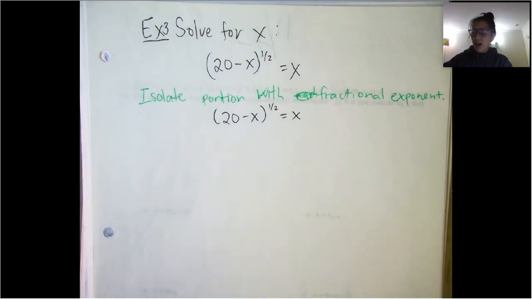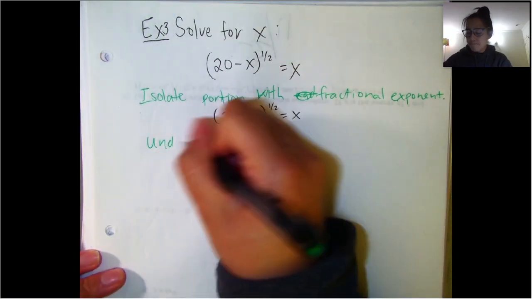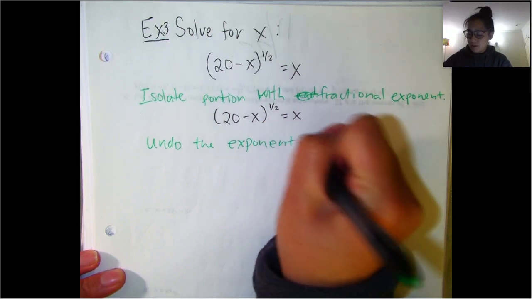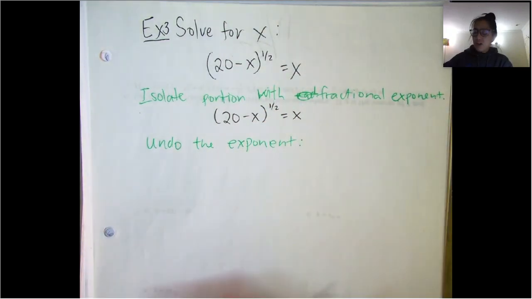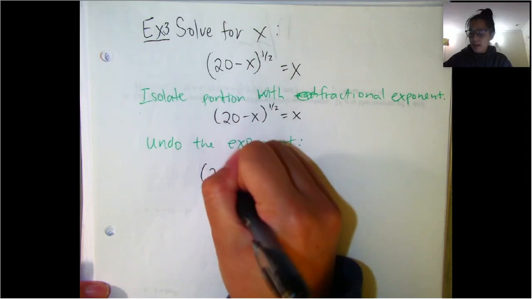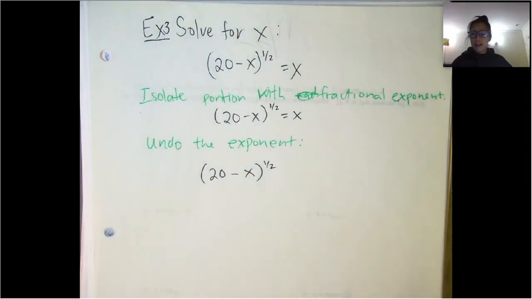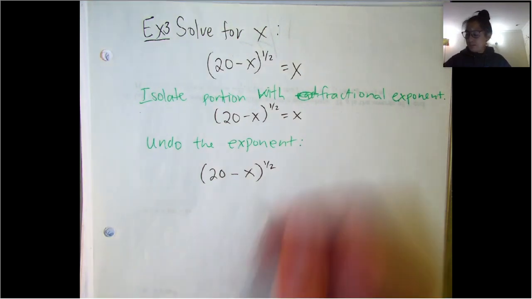So we're going to now undo the exponent. So the question is, how do you undo an exponent of 1/2? So typically 1/2 is like square root. And so to undo a square root, we would square it. So same thing here. What we would do is we would square both sides.